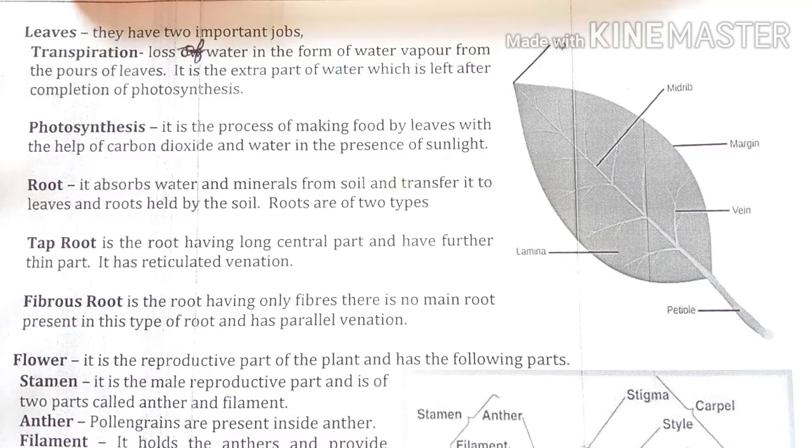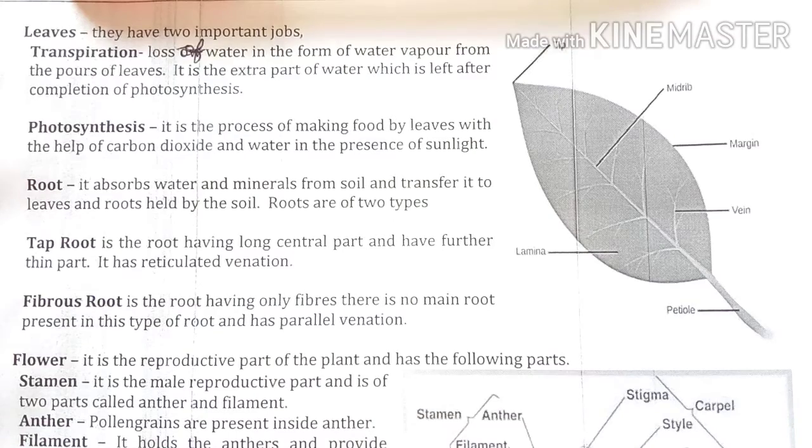If there is no soil near the roots, then the plant or tree will not grow well and will fall down. So roots have two tasks: to transfer water and minerals to the leaves and to hold the soil, which prevents soil erosion and gives support to the plant or tree.